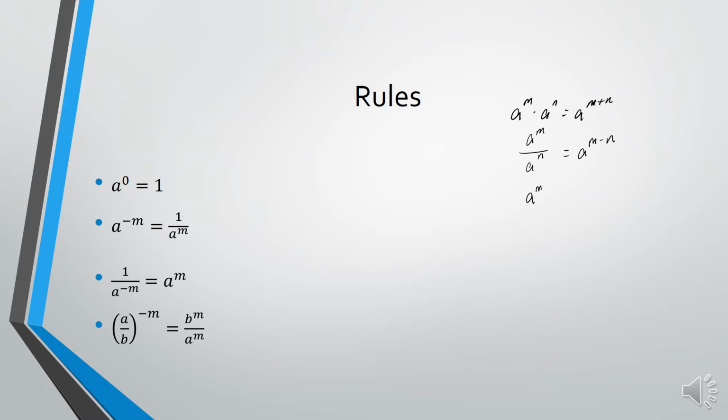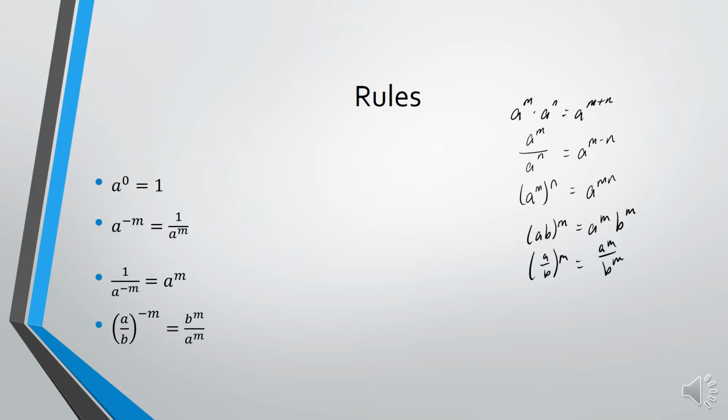And we had a to the m to the n was a to the m times n. You multiplied the two exponents. We also had that (ab) to the m. You could distribute that exponent, but only if it was multiplication or division. So a to the m divided by b to the m. So we had all those last time.